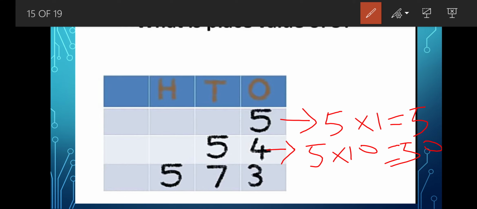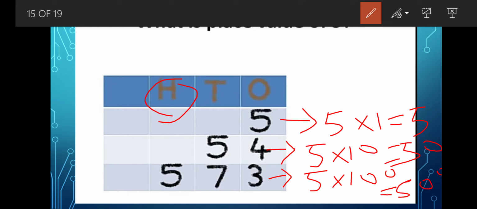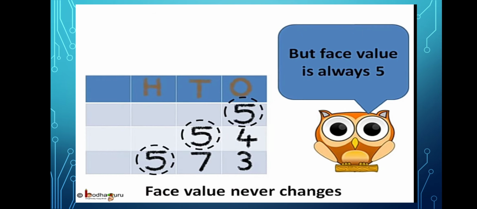In the case of 573, as 5 is in the hundreds place, the place value of 5 here is 5 into 100, that is 500. Okay students? But if we talk about the face value, then in each case the face value is always 5. Okay? Face value never changes with its place.